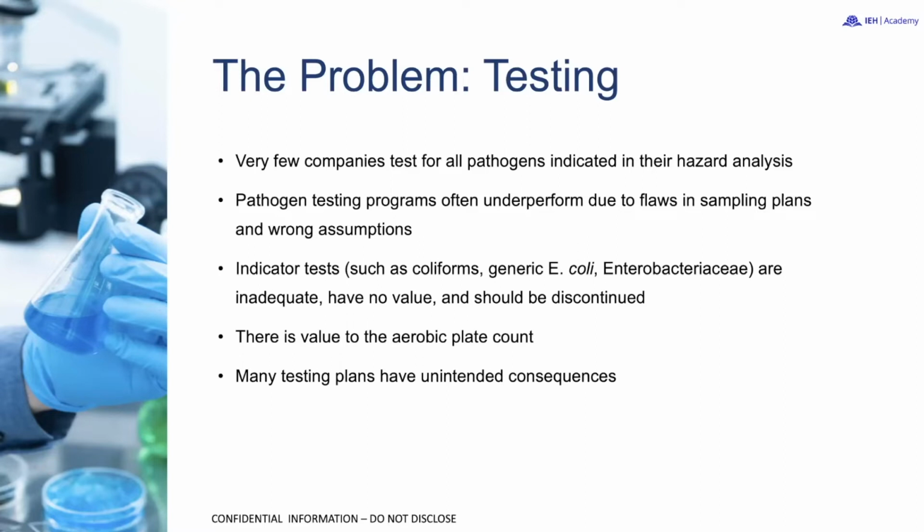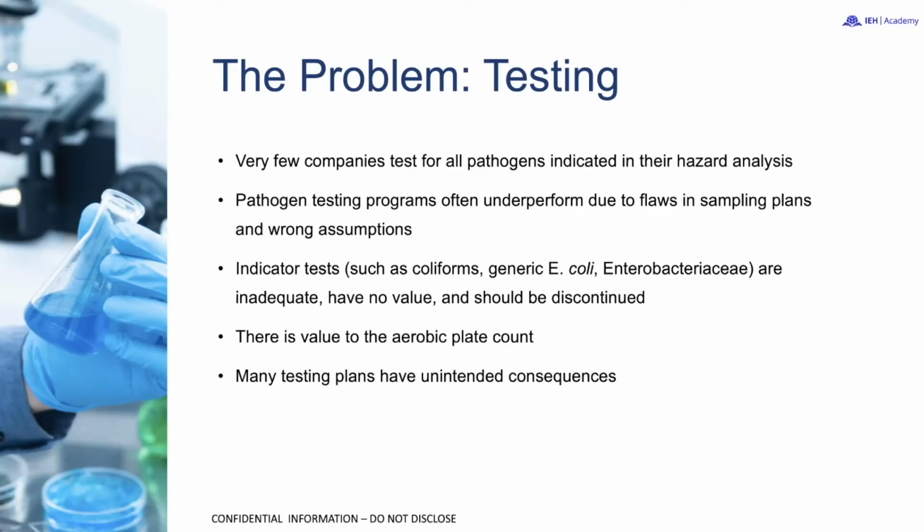Also, if you have a positive result on something like a food contact surface or an ingredient that's added after a kill step or on a finished product, you have to think about how this might impact other lots, perhaps lots you've produced previously and already released because they had a negative result.